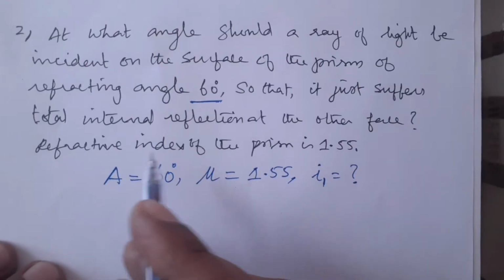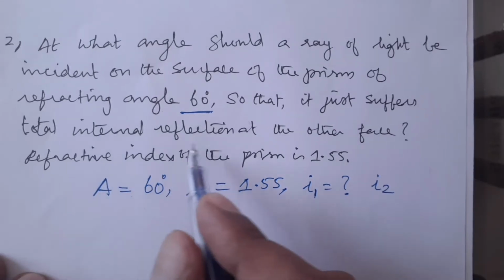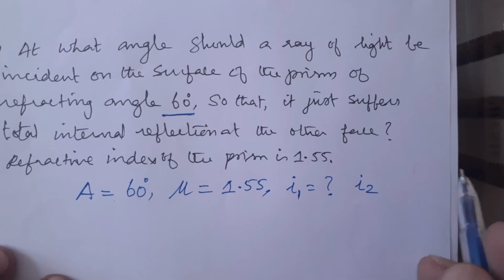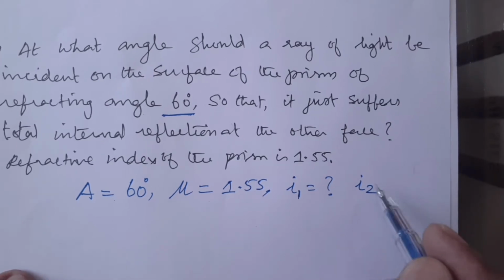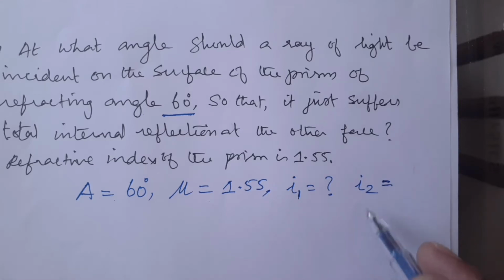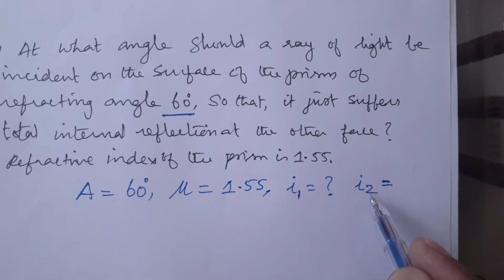By reading the problem properly, you can understand that it suffers total internal reflection at the other face. It means the angle of incidence at the prism is the critical angle, so the emergent ray passes through the interface.